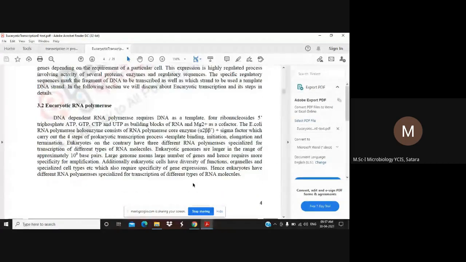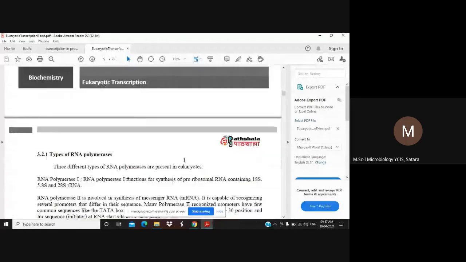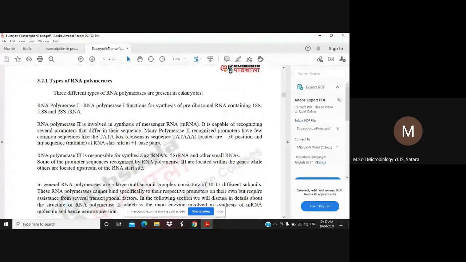Then about the enzyme, eukaryotic RNA polymerase, it has different enzymes. It is also called a DNA dependent RNA polymerase, and it has three different types: RNA polymerase 1, 2 and 3. Then RNA polymerase 1 synthesizes the rRNA.